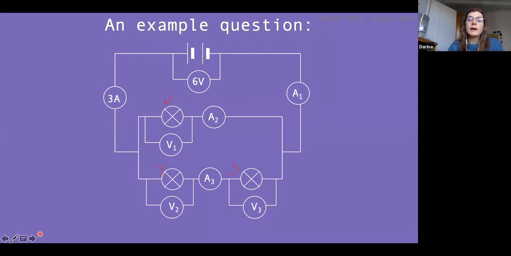So this top bit, ignoring all the extra stuff down here, really is just kind of a series circuit, but with a really weird load on here.